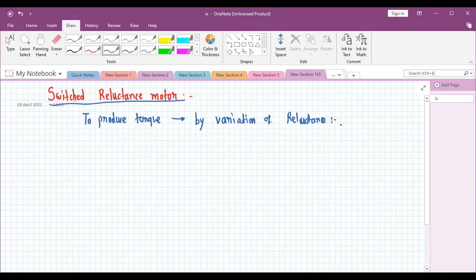What is the opposite of reluctance? Permeance. Yes, permeance. So either we can say by variation of reluctance or by variation of permeance. Like resistance is reciprocal to conductance, reluctance is related to permeance.